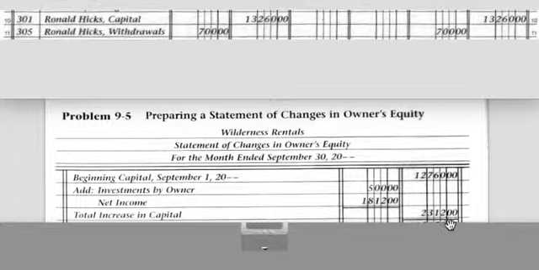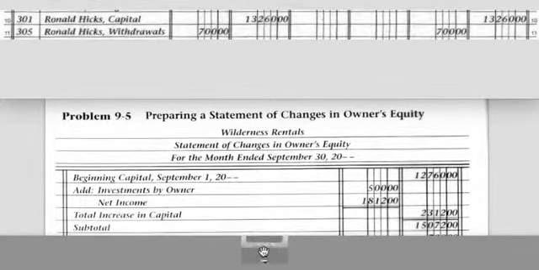Then you're going to put another single rule because now we want to show our beginning capital and the increases to capital during the month. So you're going to write the word subtotal. You're going to add $12,760 plus the total increase of capital of $2,312, and now our new amount is $15,072. You do not put a line under that amount because we have more adding or subtracting to do.